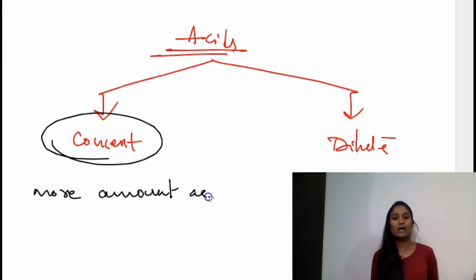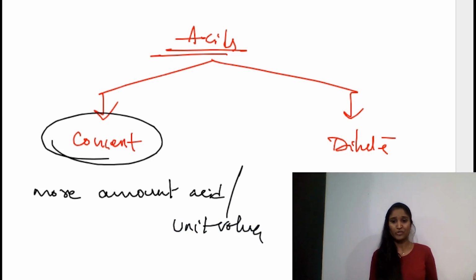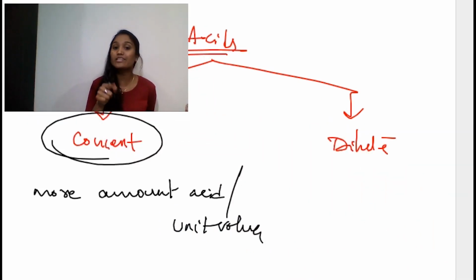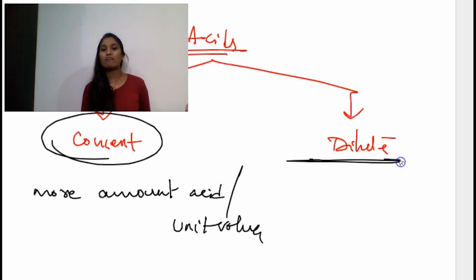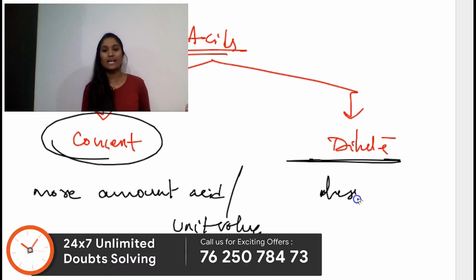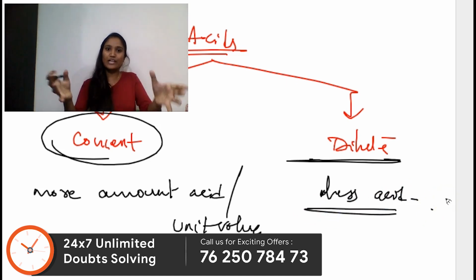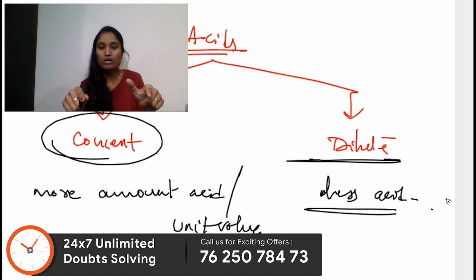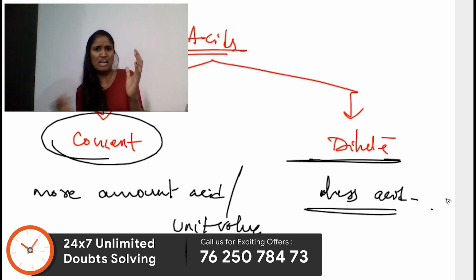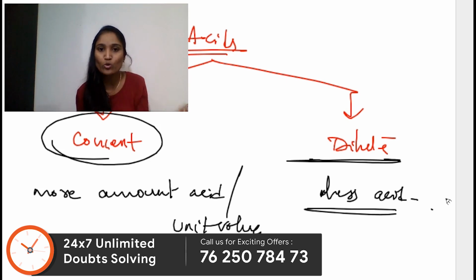I'm talking about the amount of acid per unit volume of water. In the given solution, if you have more acid, then it is concentrated. If you have less acid, then you call it dilute acid. Concentrated and dilute depends on you. If you have a concentrated acid and you add 2 jugs of water to it, what will it become?